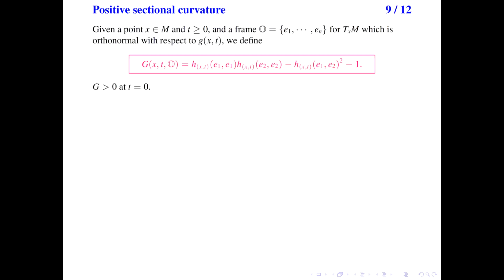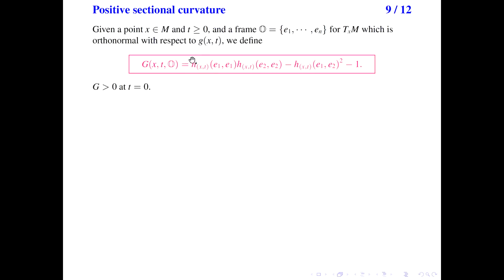For that, we consider this function capital G, which is defined in terms of the point x, the time t, and a frame O. The definition is that the function G is defined by h_11 h_22 minus h_12 squared minus 1.